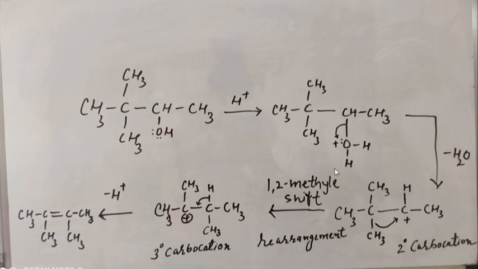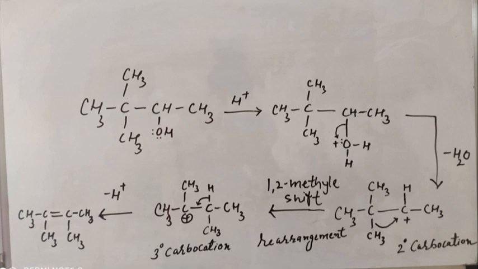In the next step, the carbon-oxygen bond cleaves. With the breaking of this carbon-oxygen bond, this carbon becomes electron deficient, and the bond electrons move toward the oxygen and neutralize the positive charge. Since this carbon is electron deficient, it develops a positive charge, so the carbocation is formed. It's a secondary carbocation. Now the rearrangement takes place.